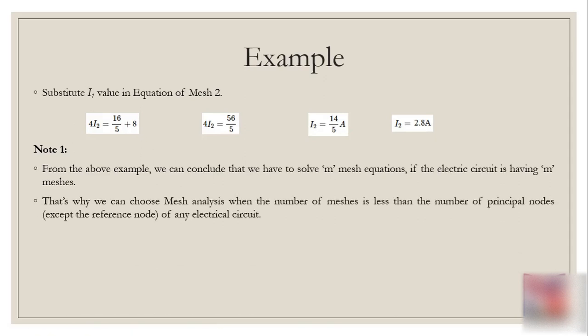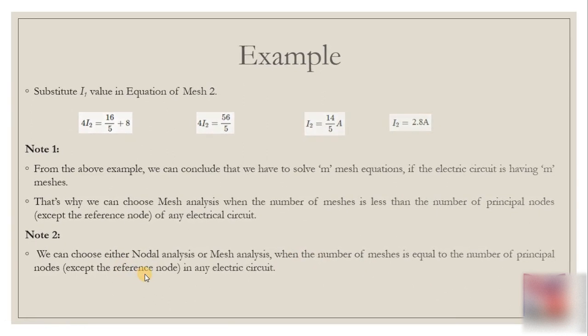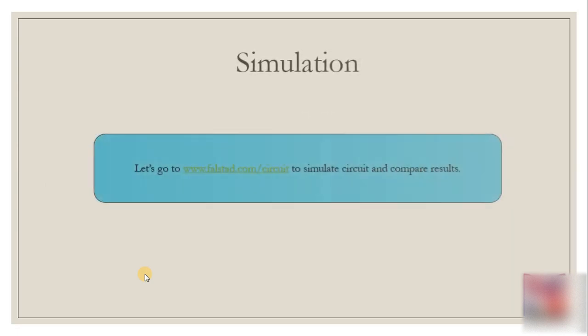This is why we can choose mesh analysis when the number of meshes is less than the number of principal nodes except the reference node of the electrical circuit. Point 2 is, we can choose either nodal analysis or mesh analysis when the number of meshes is equal to the number of principal nodes except the reference node of the electric circuit.